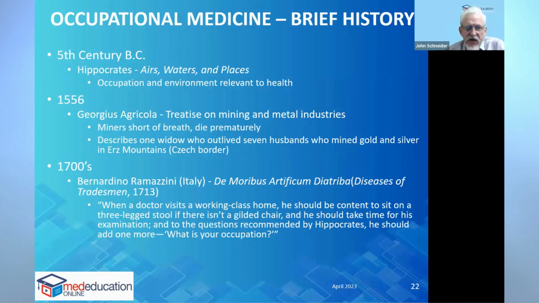Agricola came around in the 16th century and identified, in his publication on the mining and metalliferous industries, that miners frequently were found to be short of breath and dying prematurely. And there's one case he described of a widow who'd outlived 7 husbands who were involved in gold and silver mining in the Czech Republic.